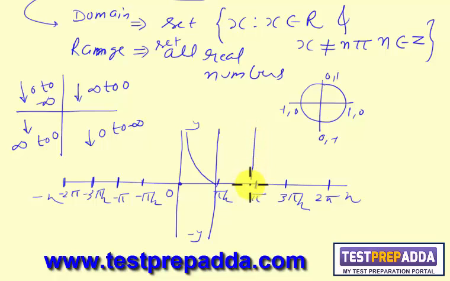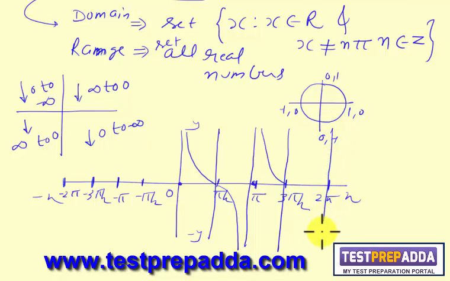Now from pi by 2 to pi, again from 0 to minus infinity. Same here, infinity to 0 and then 0 to minus infinity.